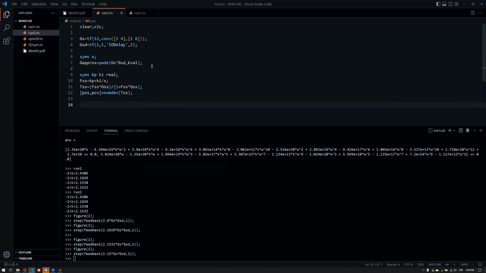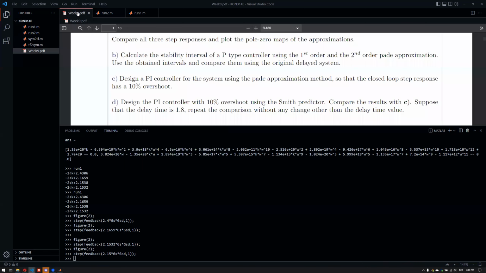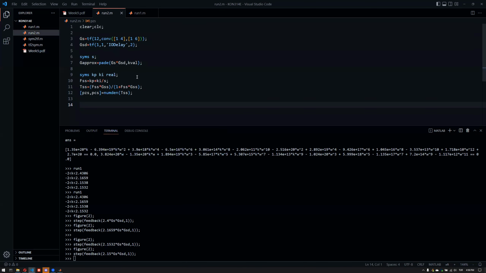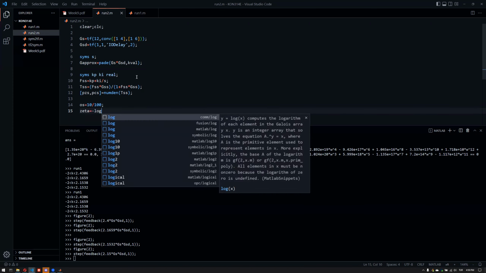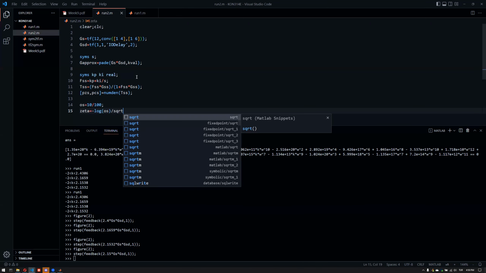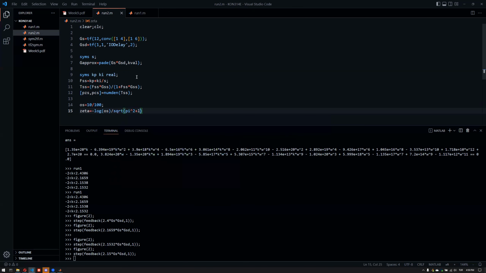Now we also have some overshoot value, 10% overshoot, and nothing else, I guess. So OS is 10%. Zeta is minus log overshoot divided by the square root of pi squared plus log overshoot squared. There we go. Let's have omega n.